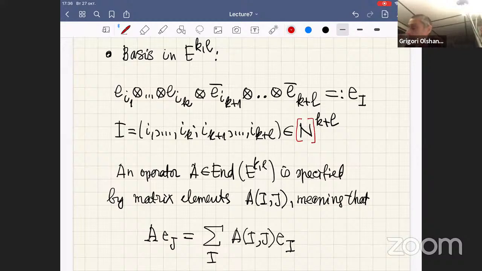This is the standard notation in combinatorics, and this is notation from n. Oh, sorry. So n is by definition the set.